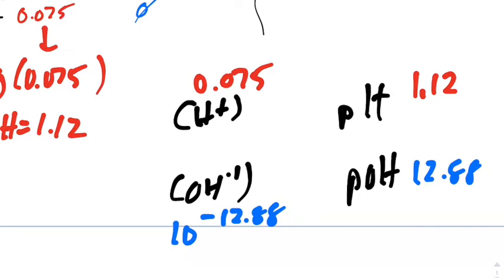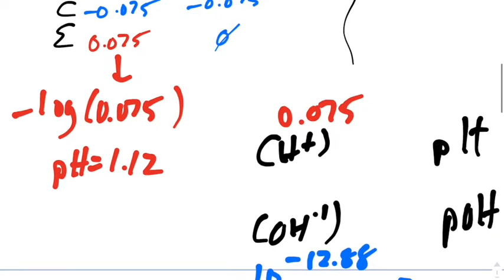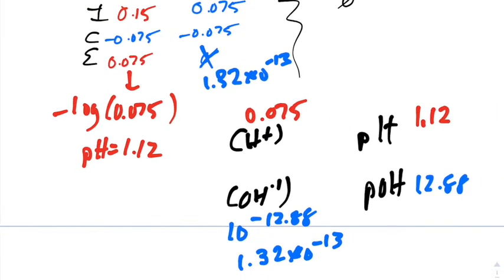So that's going to be 1.32 times 10 to the negative 13th. So technically speaking, that's not 0. That is a value of 1.32 times 10 to the negative 13th. But for all intents and purposes, that is 0 that's there.